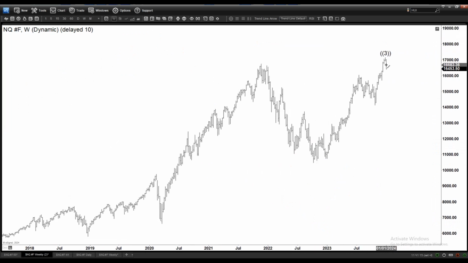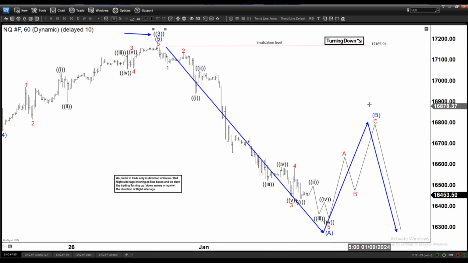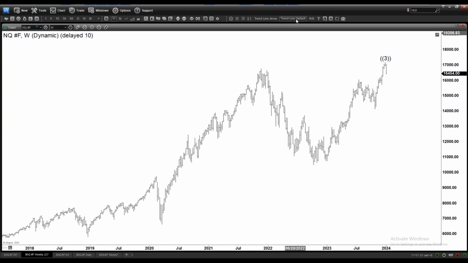So now we are doing a wave 4, as you can see in the 1 hour, and it's still in progress as an EPC, another leg down to finish A, rally B, and then C leg down, right? That should finish with 4.